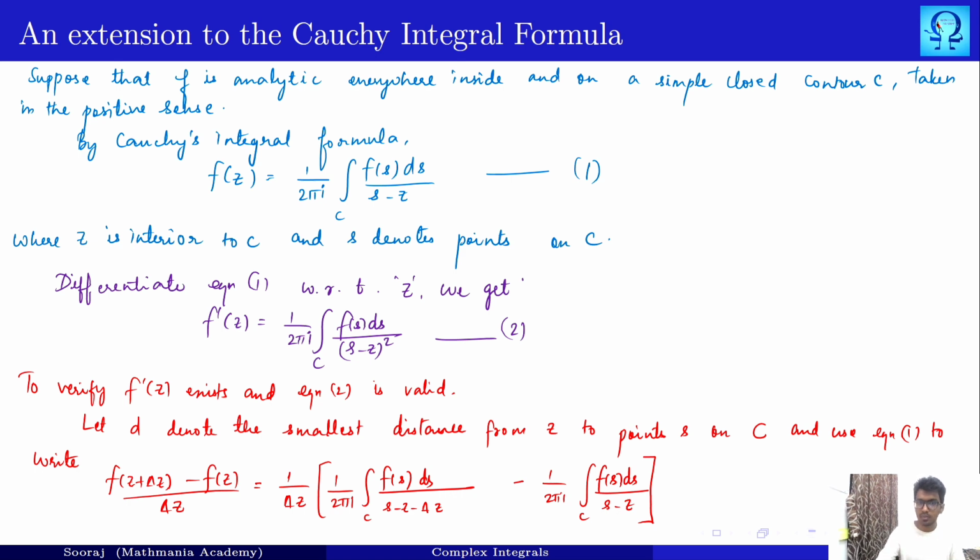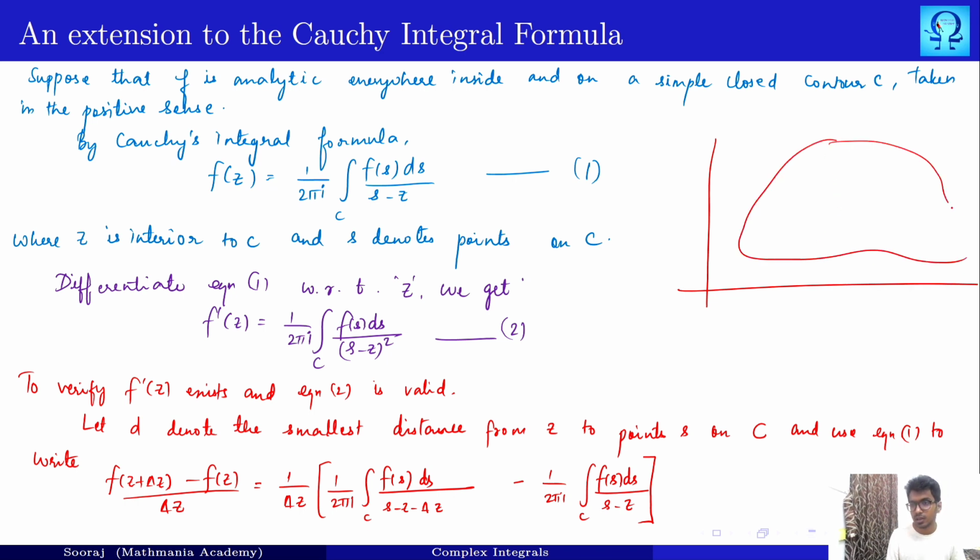Did I miss anything? Okay, nothing. So how are we choosing d? Let this be our contour. We have the point z somewhere here, and when we take z plus delta z, it is somewhere here. It will have to move a small quantity, right? Suppose this is my point s.